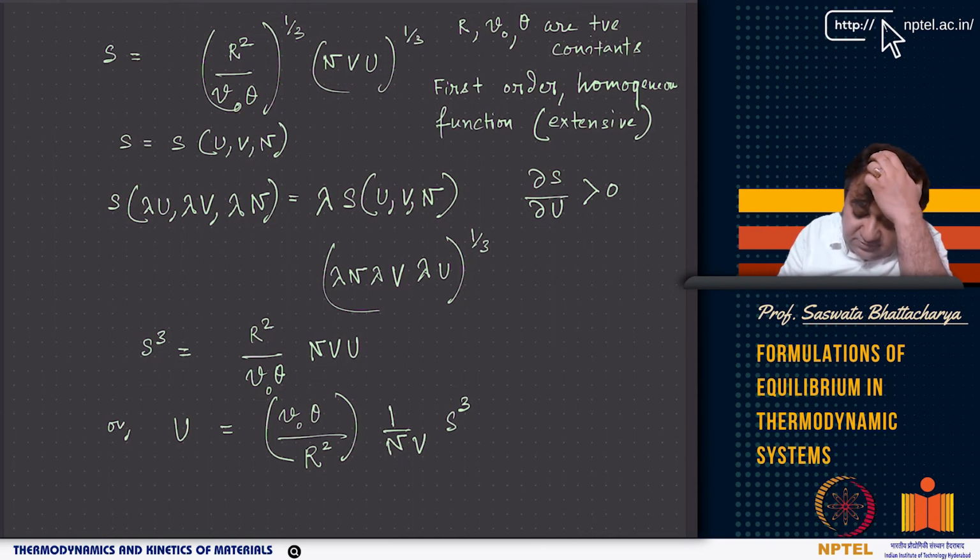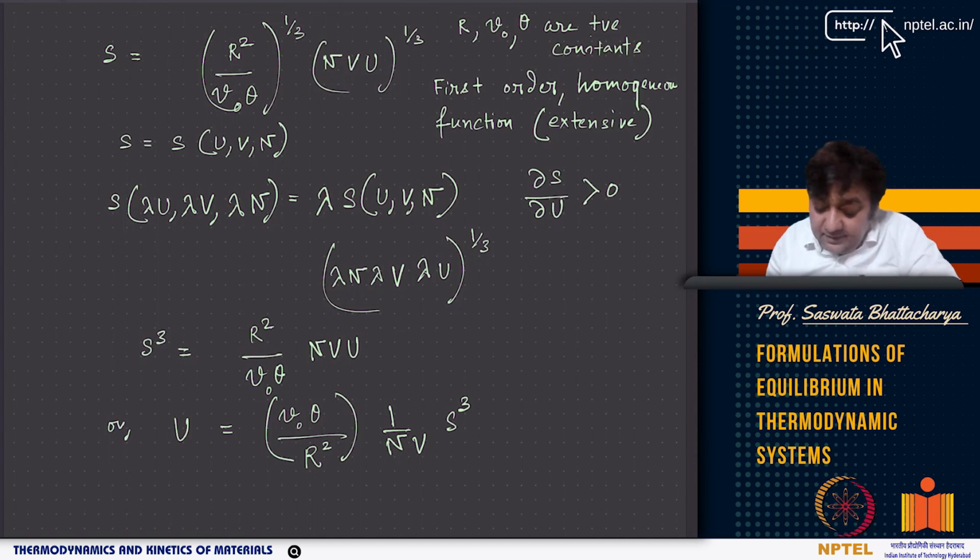We write S equals S(U, V, N). Now what I am doing is changing U to lambda U, V to lambda V and N to lambda N. And if I do that, this relation is already known, right? Now S is a function of this, where you have extensive parameter N, extensive parameter V, extensive parameter U.